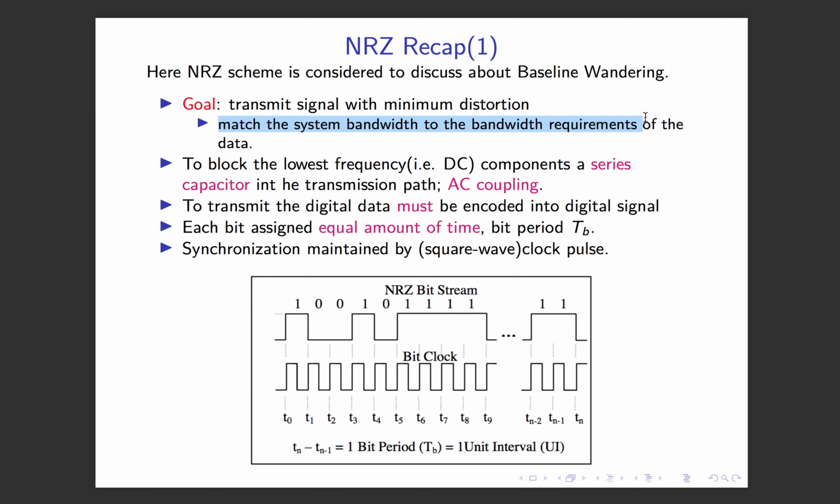To transmit the data we must convert it into a digital signal, as we covered in the last talk, and we use a clock to synchronize the data with the clock pulse. Here we use a square wave as the clock pulse. Here I have mentioned TB, which is the bit period, and I have given the measure of TB.